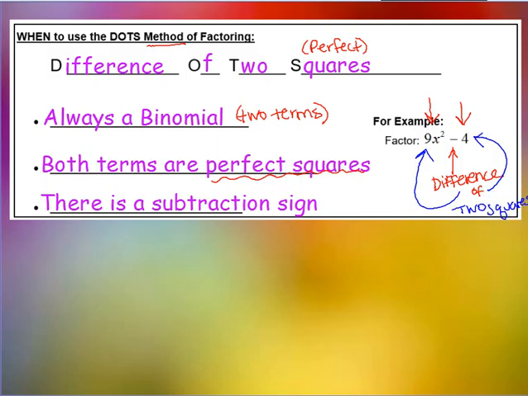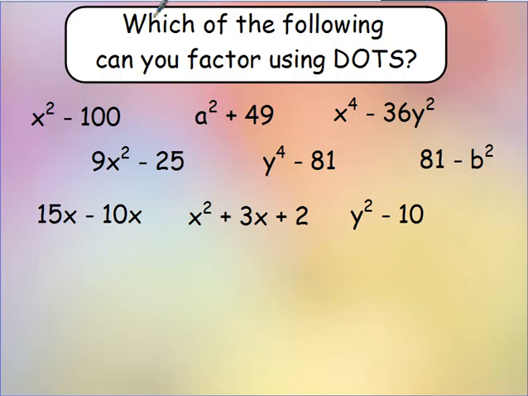Alright, so now let's see what we do to reverse it. But first, let's make sure you can find other expressions that can be factored using this method. Because this is a binomial that has subtraction of a perfect square and a perfect square, this is an example of a polynomial that we can use DOTS for.